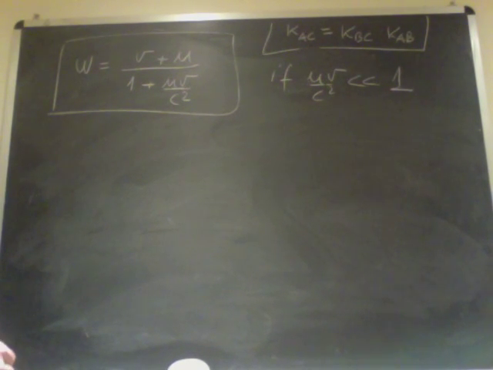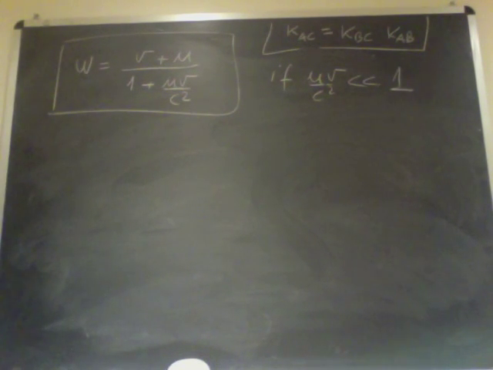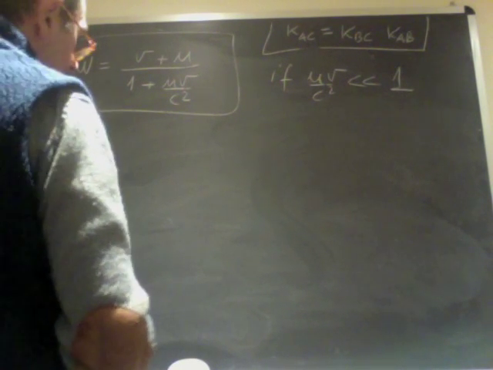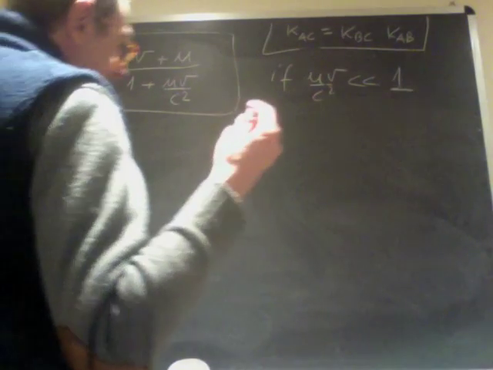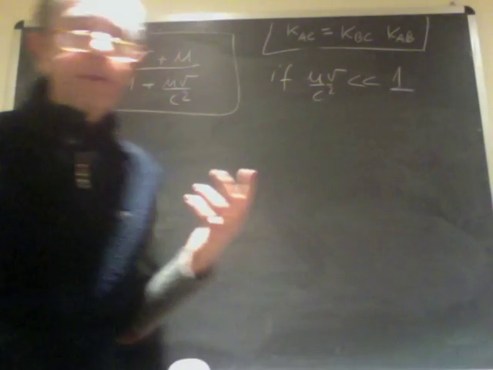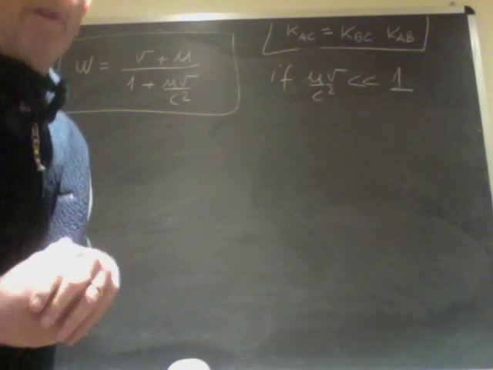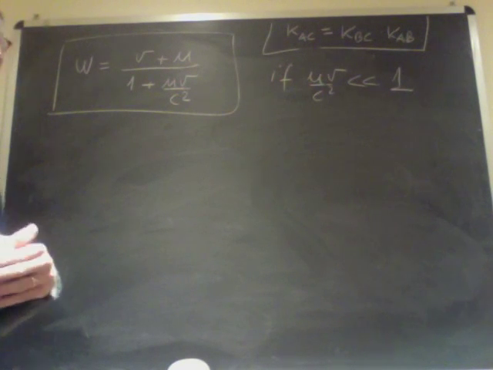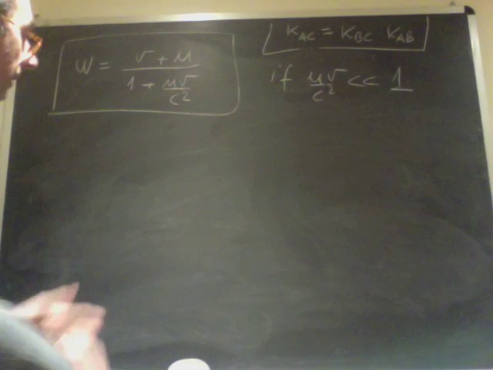Okay, what happens now? Let's consider another important case. We know that one of the fundamental assumptions of the special theory of relativity is that it is impossible to go faster than light. Let's see what happens.